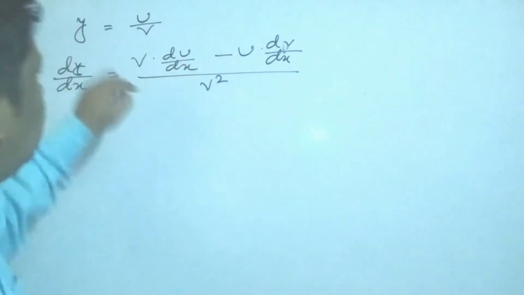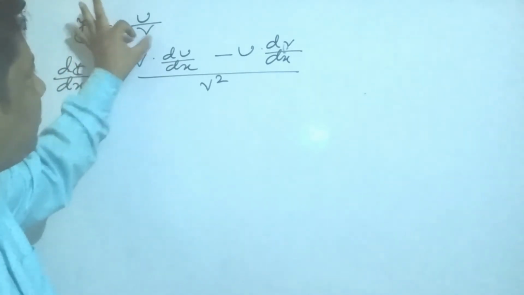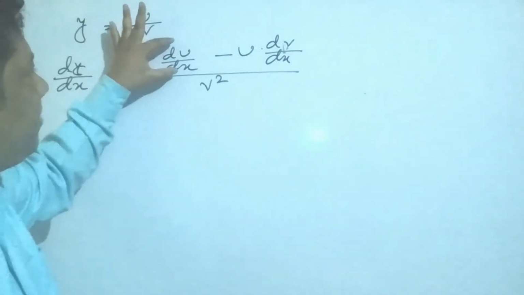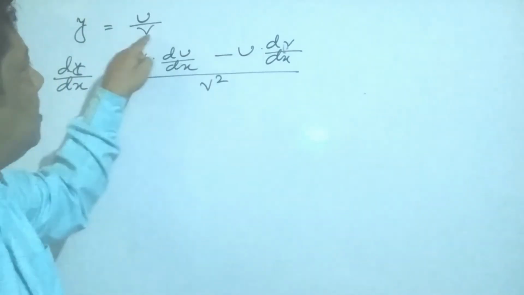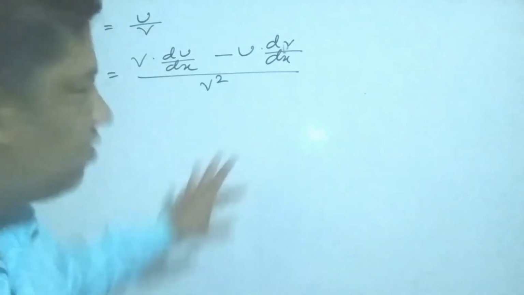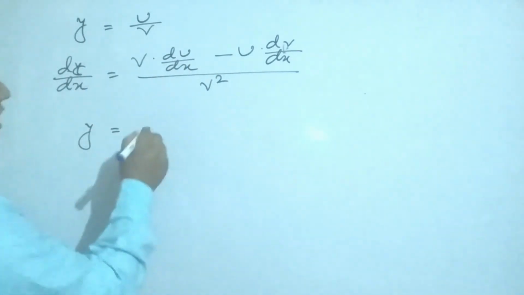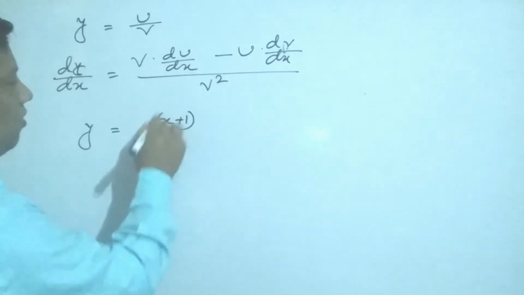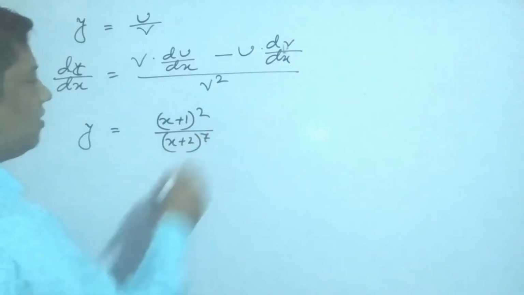That means, my dear students, if there are u and v, two terms, then at first you leave the denominator and differentiate the numerator, minus the upper part leave, the denominator differentiate, and the denominator is squared. So my students, I think you understand. Suppose the question is given like this: (x plus 1) whole square upon (x plus 2) power 7.